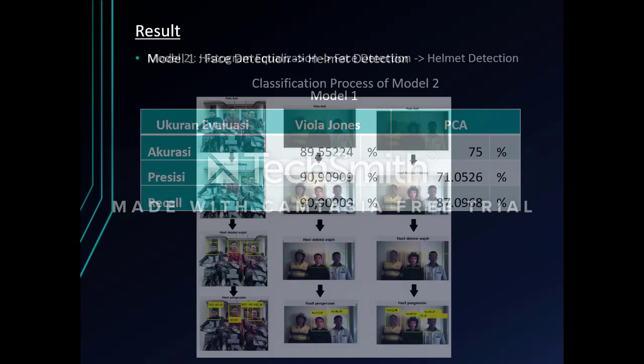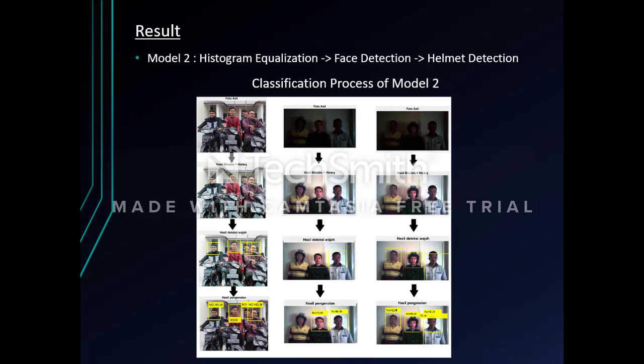And then the second model, where we use the histogram equalization, and then we get better face detection.